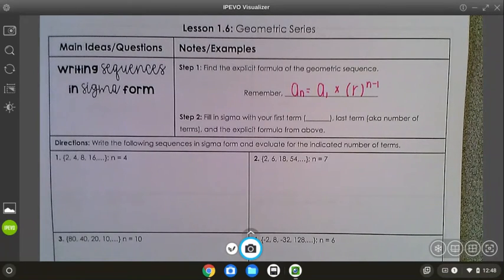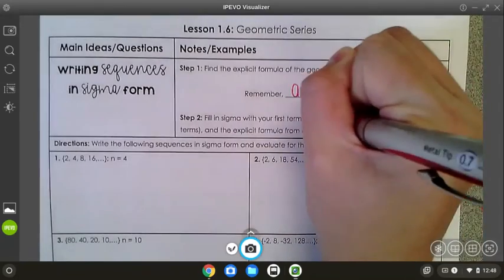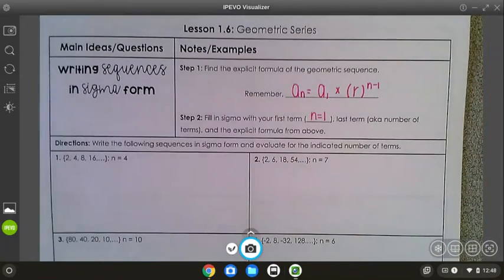And we're going to do sigma, the big E looking thing, with geometric series just like we did with arithmetic series. So you have your big E, you have n equals 1 in the bottom, some number in the top, and then you put in your formula.